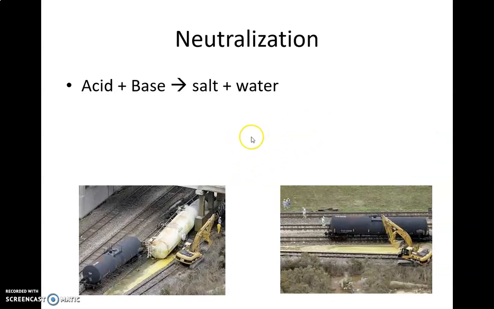The last thing that you need to know is just this real basic chemical reaction here as it relates to acids and bases. Now, what we can do is we can take an acid, react it with a base, and we can get these neutral substances.